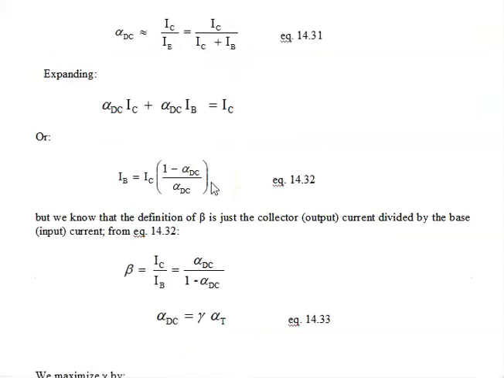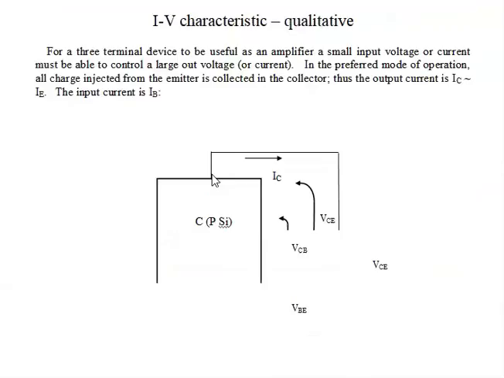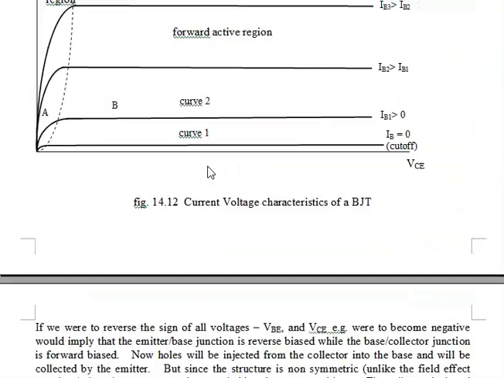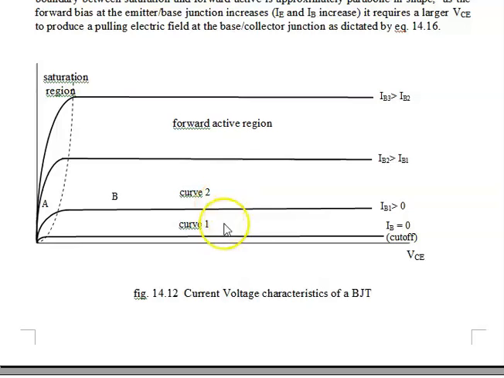Okay, so I'm going to skip over all this. This is actually rather straightforward. Just take a look very briefly at the output characteristics. Specifically, we see IB is very small. IB is on the order of microamps, but this is IC, and IC is on the order of milliamps.